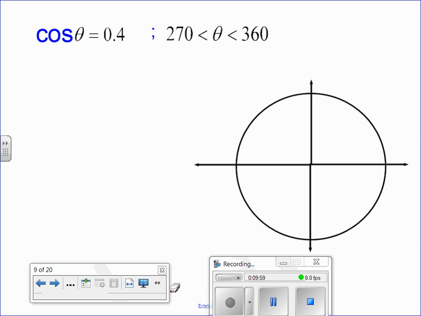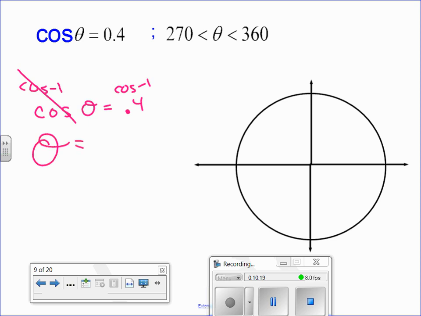What am I going to do to both sides? Cosine inverse. Oh, I didn't know how my board was going to write up here, but it's cosine inverse on both sides. I know. I'm telling you, my board doesn't write really well up in the corners. So we're going to cosine inverse this side. We're going to cosine inverse this side. And round to the nearest degree just to help us with our reference angle calculations. Cosine inverse is 0.4. So 66 degrees sound okay?